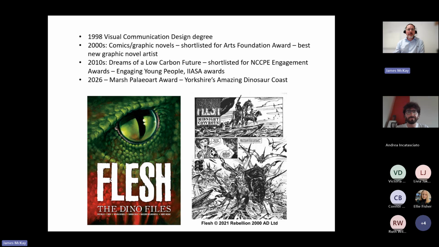And then for the next 10 years or so, I did a lot of projects with PhD students in our Centres for Doctoral Training at Leeds in engineering, which is all about the transition to a low carbon future. So we were imagining future worlds, and those got shortlisted for various awards, including the Engaging Young People Award.